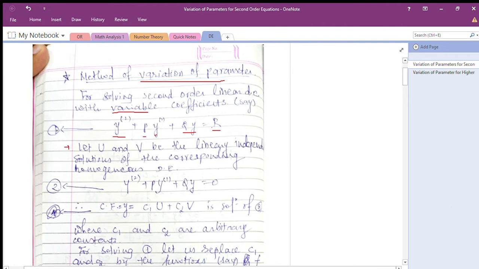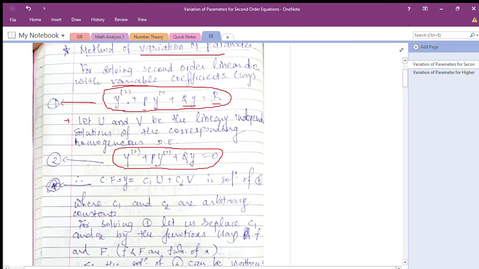Let me call this equation number 1, because we have to use it in the next few steps. First, consider the corresponding homogeneous differential equation to the given equation: y'' + py' + qy = 0. Let me call it equation 2.